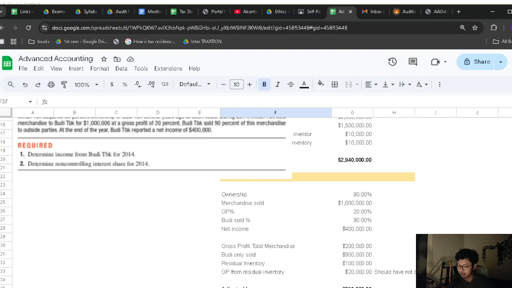So let's just write NCI percent of ownership is 20%, 0.2, make it a percentage. And so the NCI share for 2014 is simply 20% of this. That's basically the answer for number 2. You just take 20% of 380.